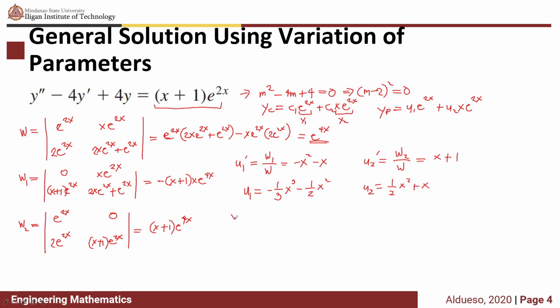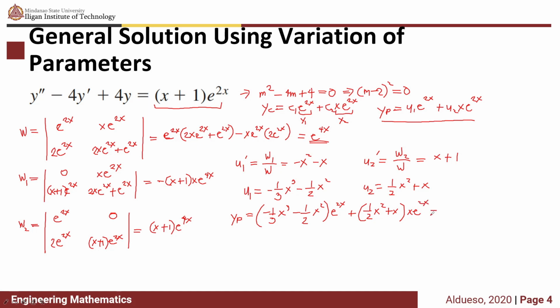So our yp is equivalent to this equation: negative 1/3 x cubed minus 1/2 x squared times e to the 2x plus (1/2 x squared plus x) times x e to the 2x.